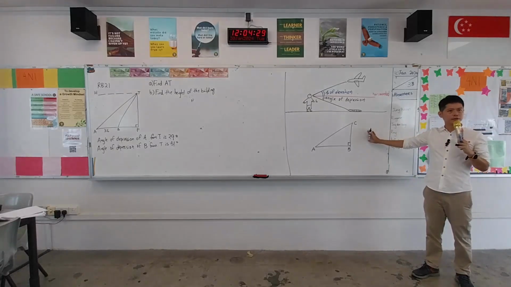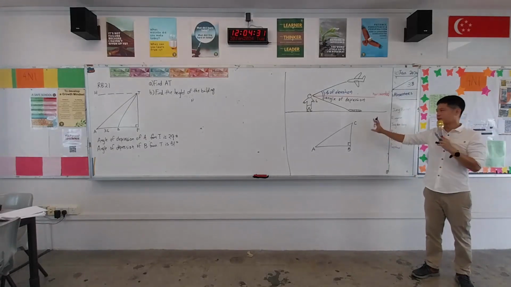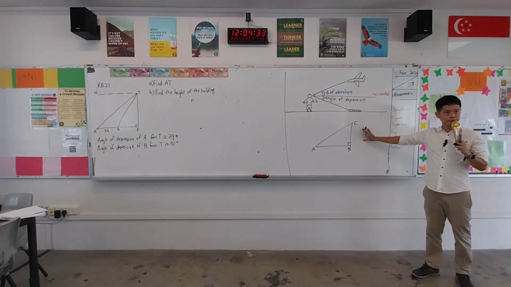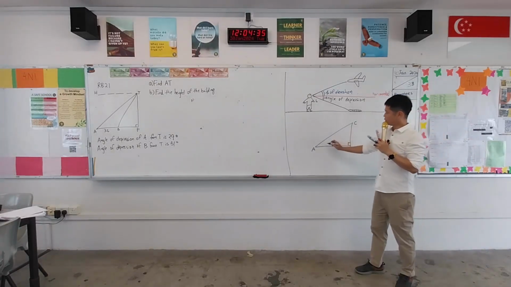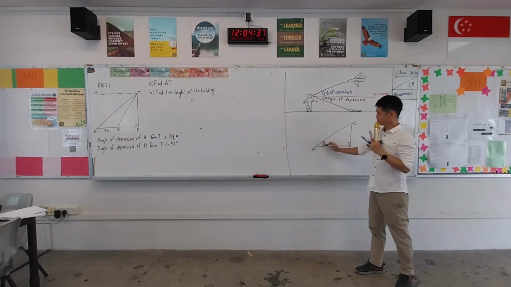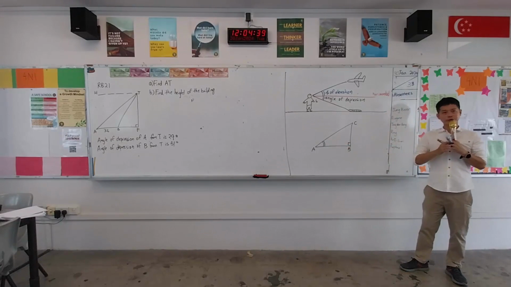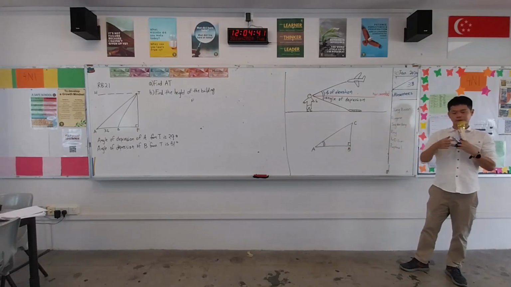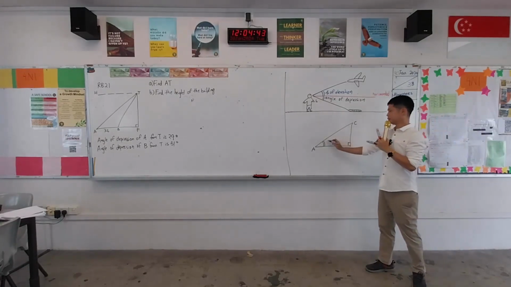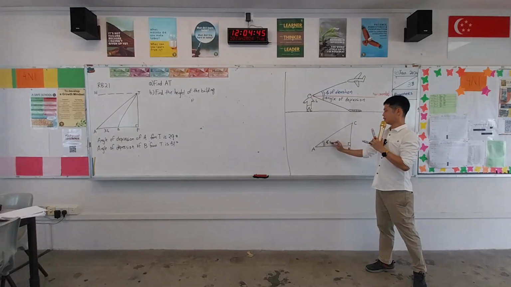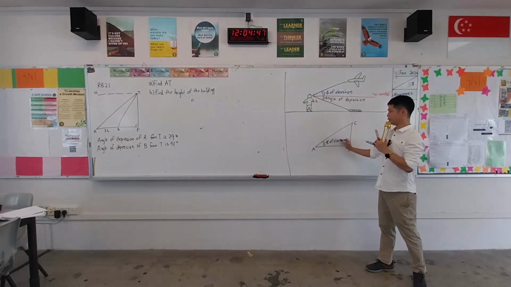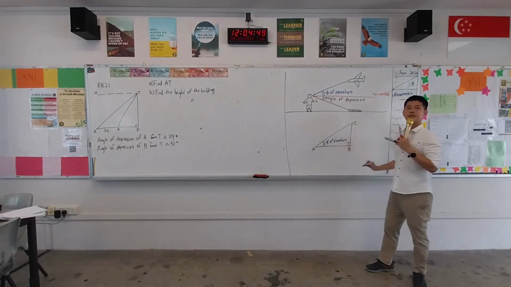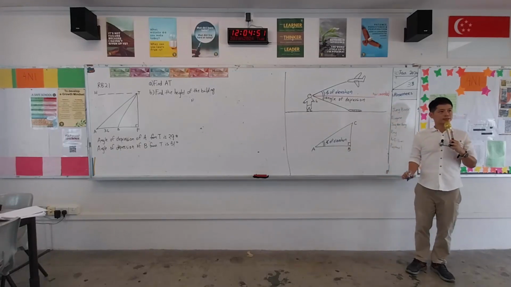Okay, let's start with another definition. Most of the time you see the exam question like this. Now, what is this angle called? Elevation, right? So how do we define it? This is called the angle of elevation. What am I looking at?